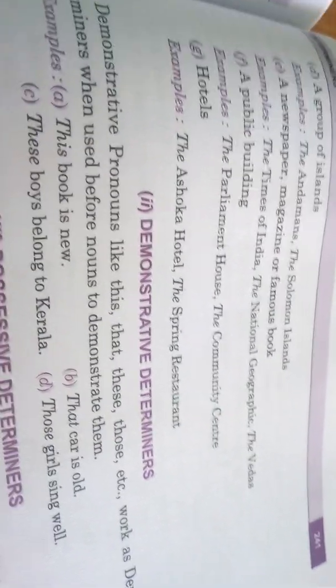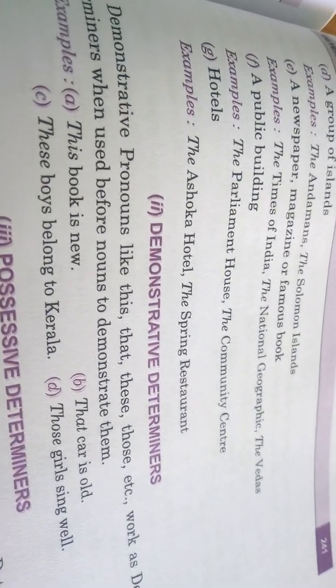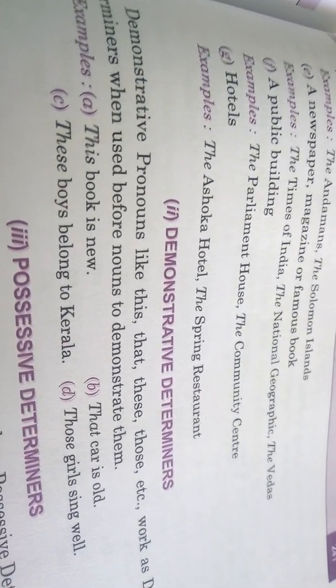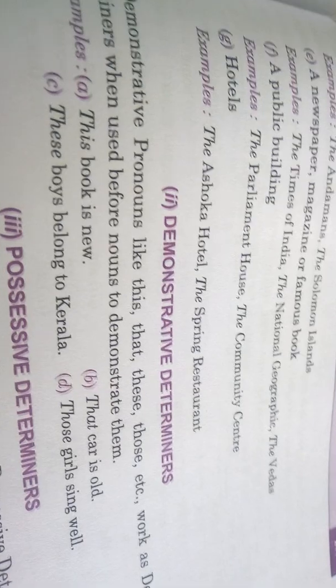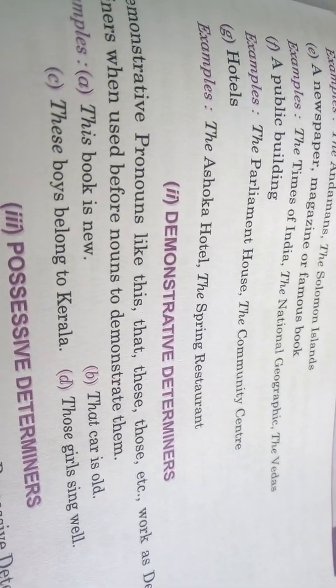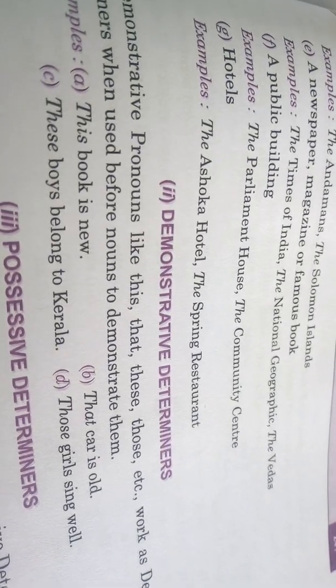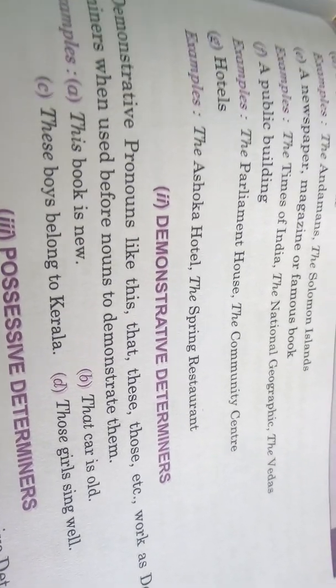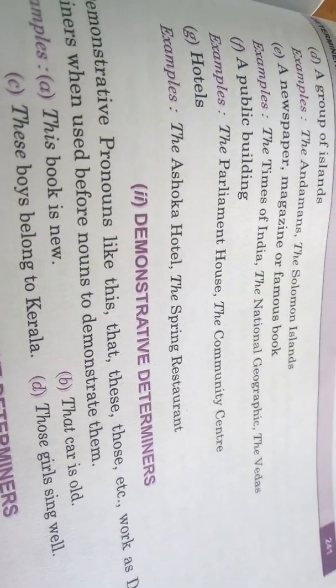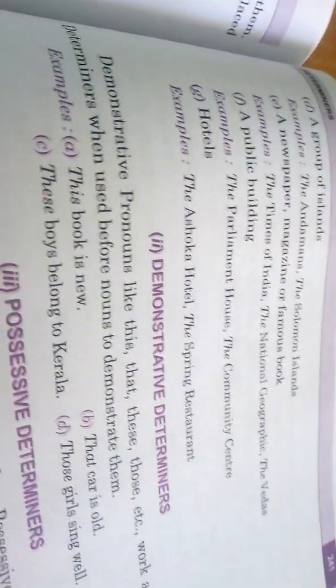And before public buildings, we also use the. For example, the Parliament House, the community centers. And before the names of some hotels, we must use the, like the Asoka Hotel, the Taj Hotel, the Spring Restaurant, like this. So these are the uses of the.